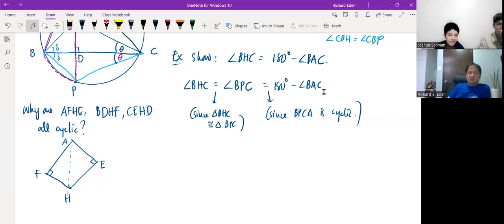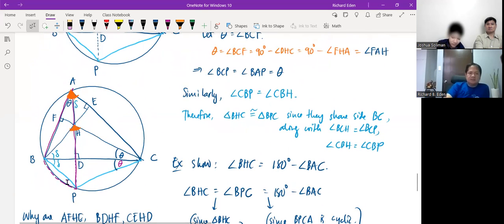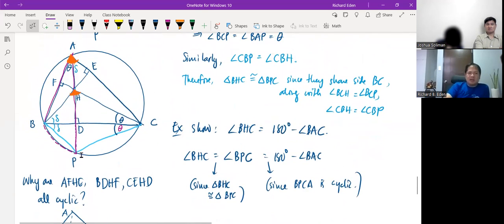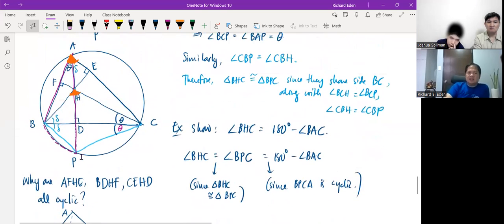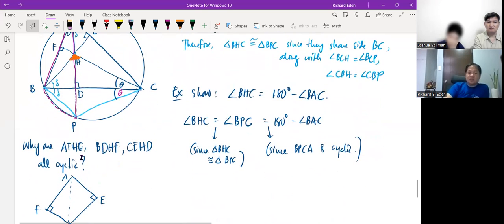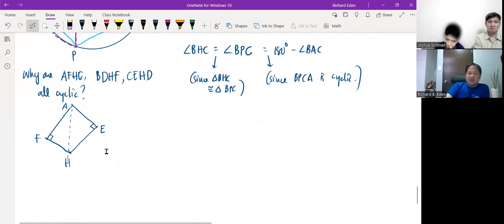Alpha and beta. What's alpha? Is that angle A and beta is angle H? Any of the two angles, any two adjacent angles. All right. But okay. At angles F and E you have 90 degrees? Precisely, because F, D, and E are feet of the altitudes. So you have those 90-degree angles there, which means F and E are supplementary.